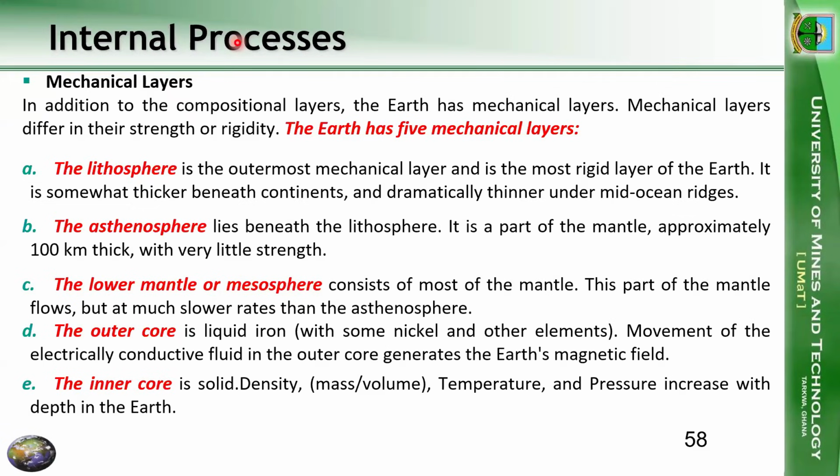All right. So when we talk about the compositional layers, we can talk about 3 main layers: the crust, the mantle, and then the core. But when we talk about the mechanical layers, we are dealing with 5.